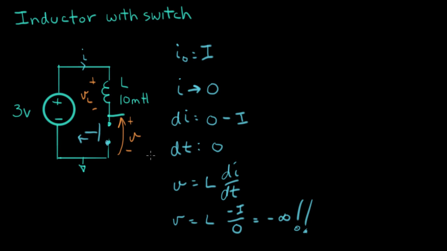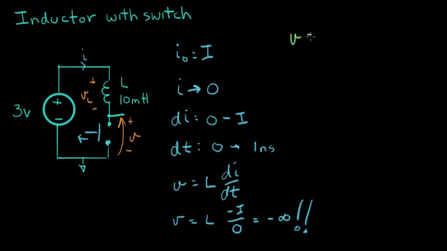Well, let's take a second. Let's say the switch didn't open in 0 time. Let's say dt was 1 nanosecond. Let's give it some time to open up. Maybe that'll save us. Maybe that'll make more sense. Okay, let's do that.